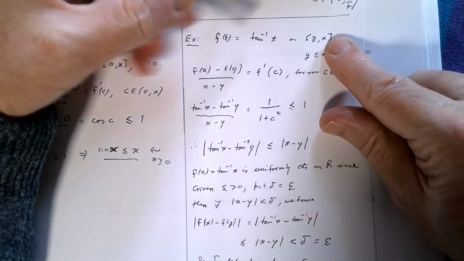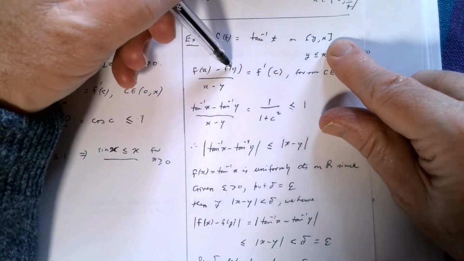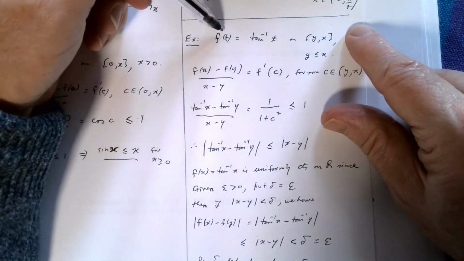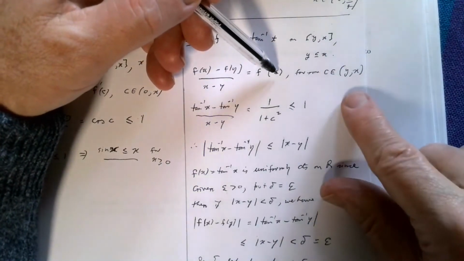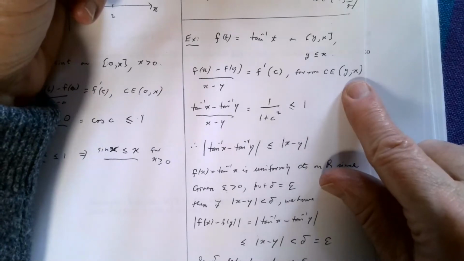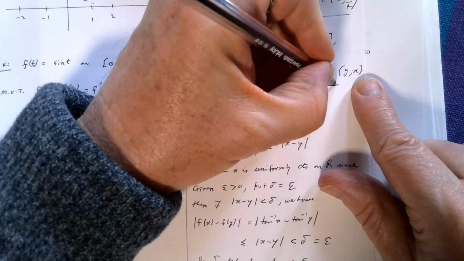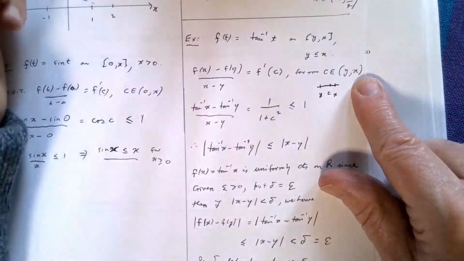So you take f of this one minus f of this one, f of x minus f of y, divided by x minus y, and that's going to be the derivative of this thing evaluated at c. Again, we don't know what c is, but we know where it is. It's somewhere in this interval between y and x. So in picture form, there's my y, there's my x, and then somewhere in here is my c.